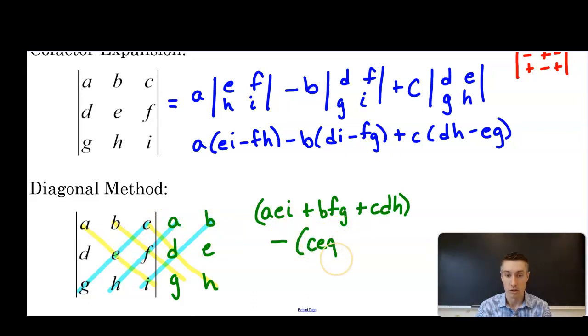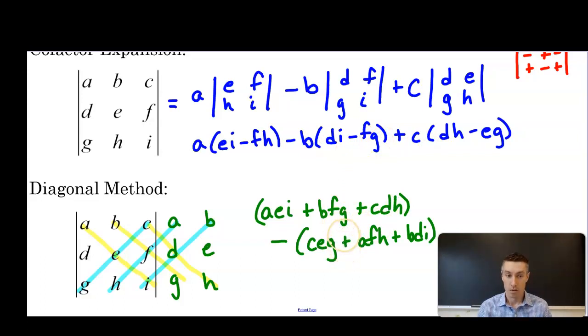So CEG plus AFH plus BDI. And we can compare the two. So this first term here, AEI minus AFH, if we were to distribute, AEI minus AFH. And we can go term by term and see that we would get the same value.